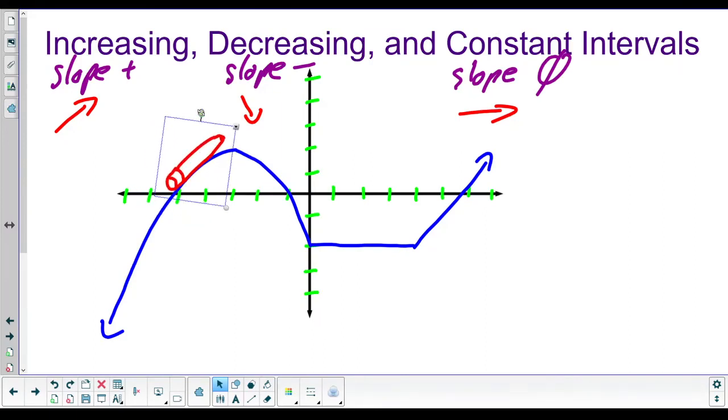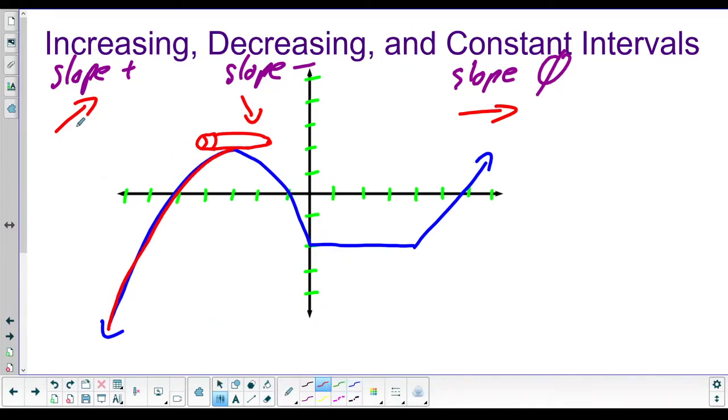It continues rotating this way until we get to that spot right there where you could balance your pencil horizontally on the point, but then it would balance. So this whole section here, we would say is increasing.